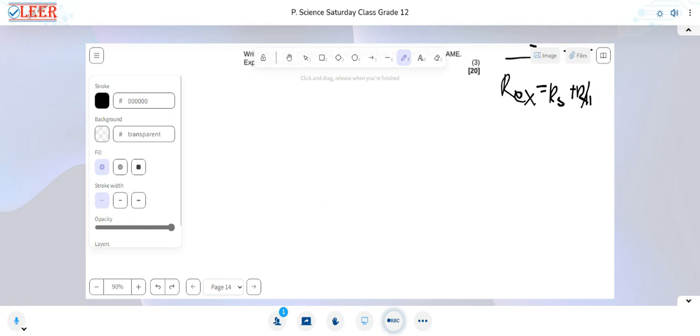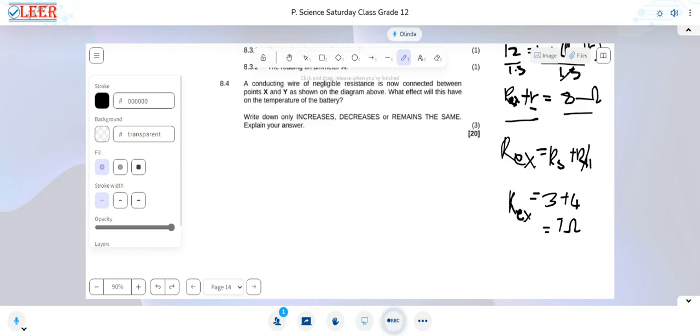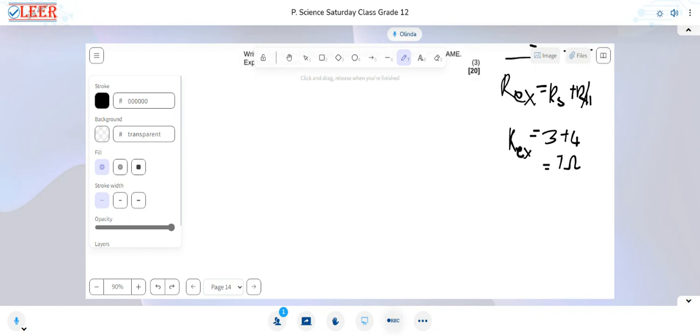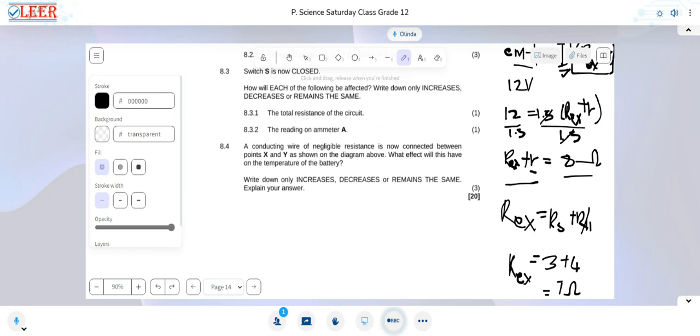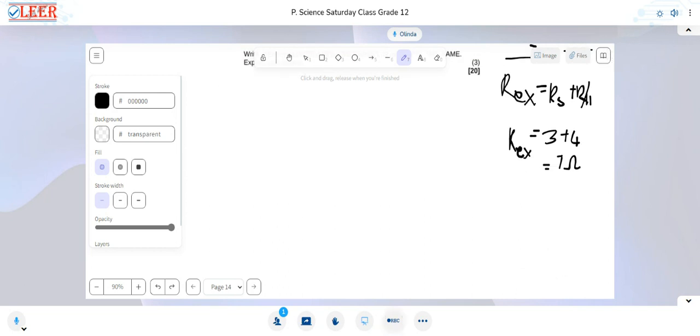So R external is equal to the resistors in series. The calculation becomes R external equals 3 plus 4, which is equal to 7 ohm. Now we just have one unknown because we've solved for our external, so now we're looking for our internal resistance.